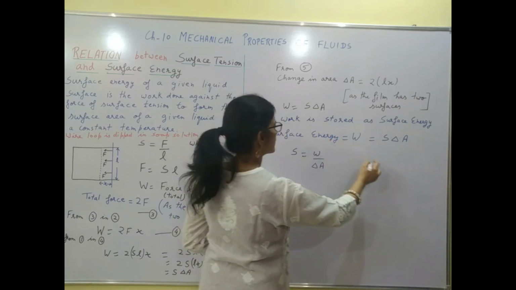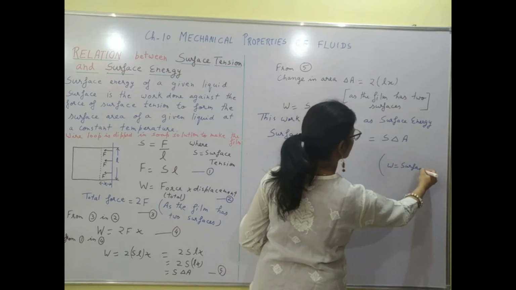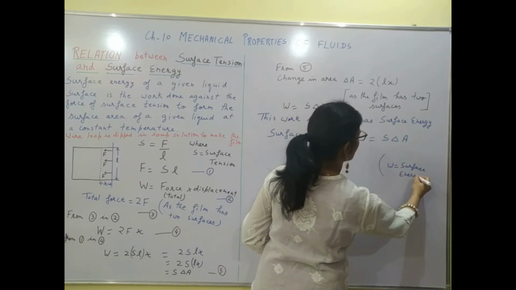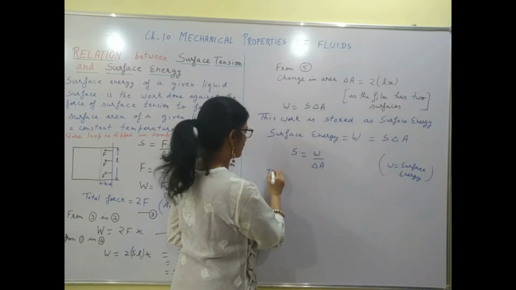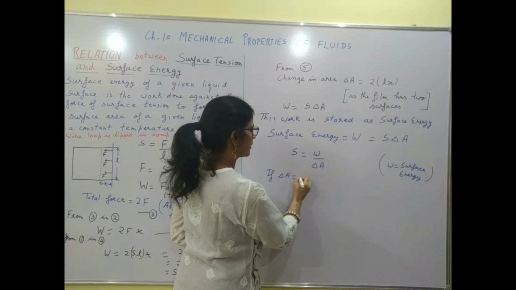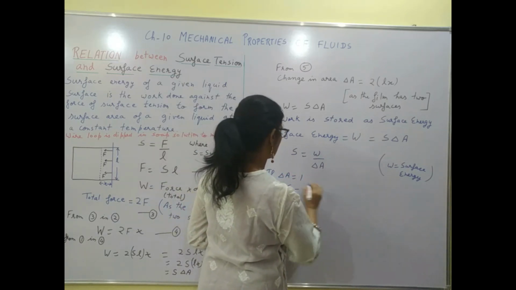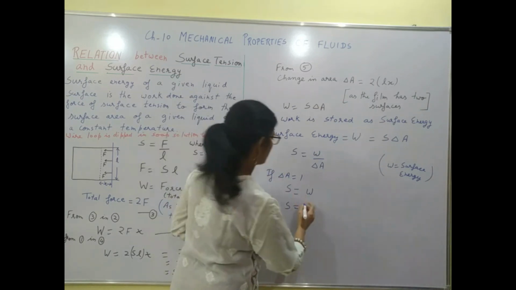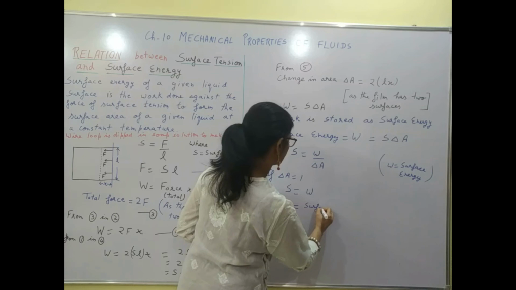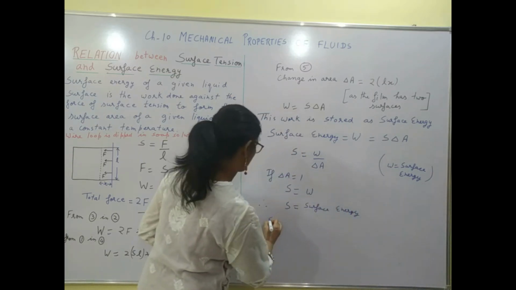Now this work done is equal to surface energy, right? And if delta A is equal to 1, then surface tension is equal to W. That means surface tension is equal to surface energy.